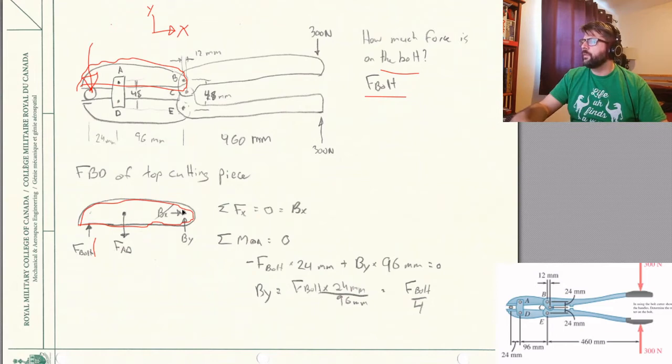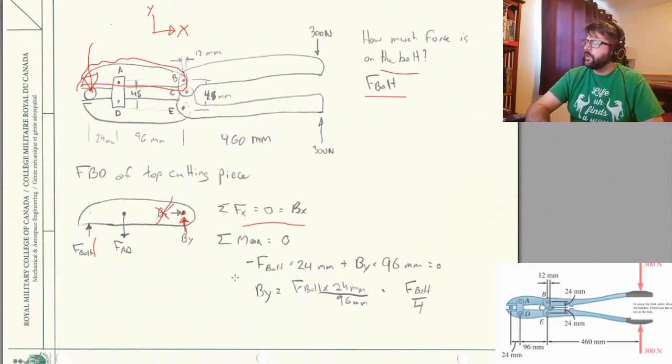And then we've got the reaction here at B. So at B, we're going to have a reaction in the y direction, and we could have a reaction in the x direction, but when we sum the forces in the x direction, 0 is equal to Bx, so there is no Bx there. So three forces, all in the y direction, acting on this thing.